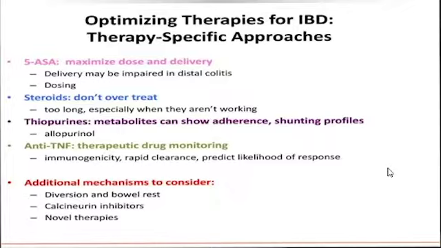Thiopurine: you may add allopurinol in some cases, in patients who have side effects, mainly with azathioprine; you reduce the dose and add allopurinol. Anti-TNF therapeutic drug monitoring will be discussed on the next slide.